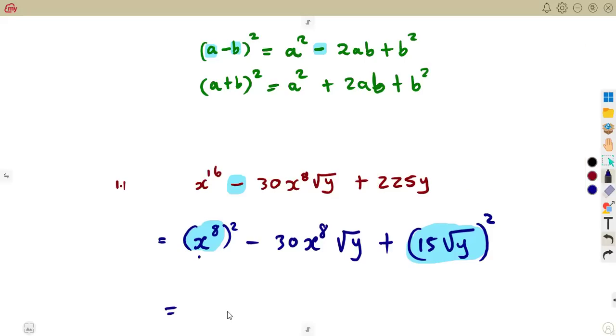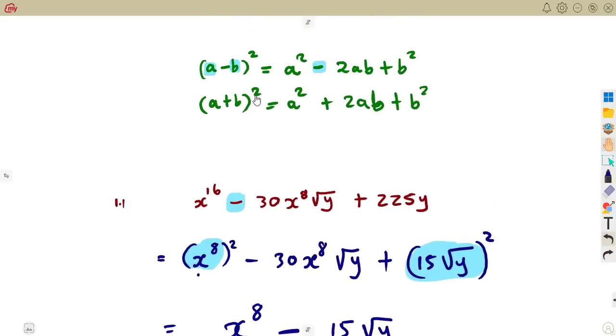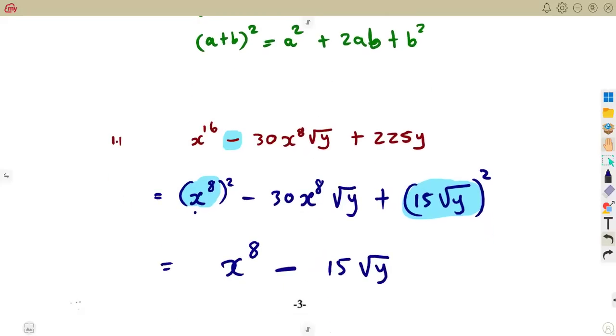So this is our a, x to the exponent of 8. What is our b? This is our b. The square root of what? That is 15, sorry, 15 the square root of y like this. Everything is raised to the exponent of 2 in that bracket. A minus b, squared. That is how to factorize. So it's a minus b what? A minus b, squared. From that expansion of a minus b squared.